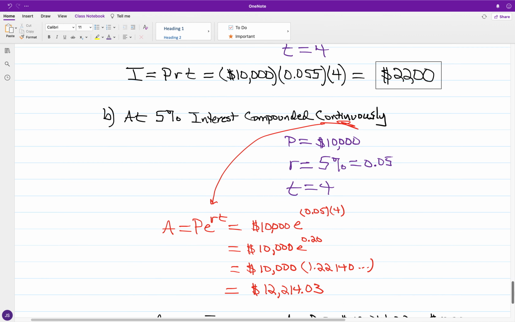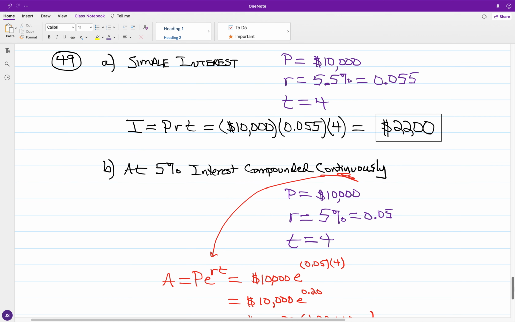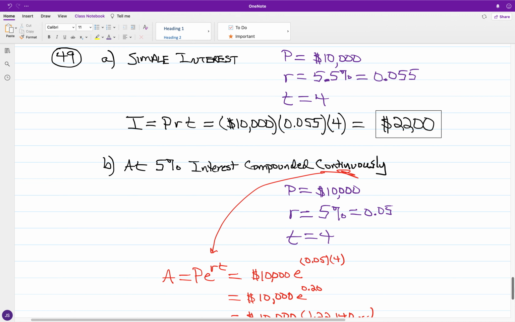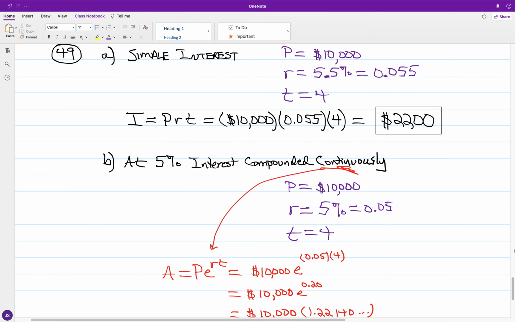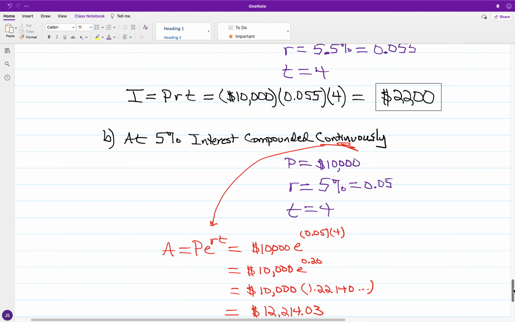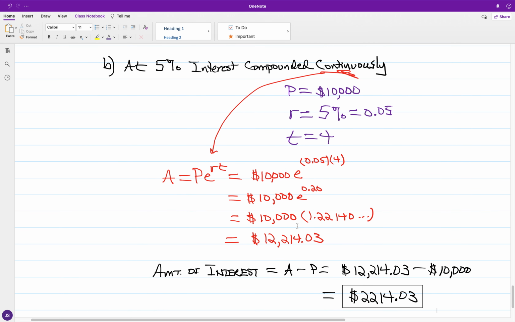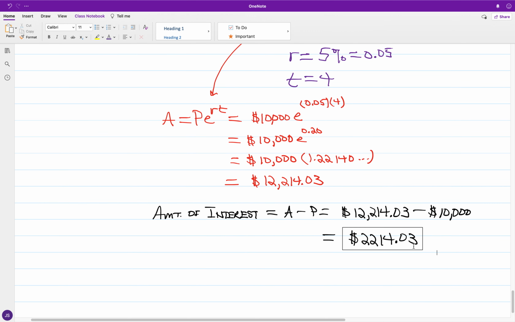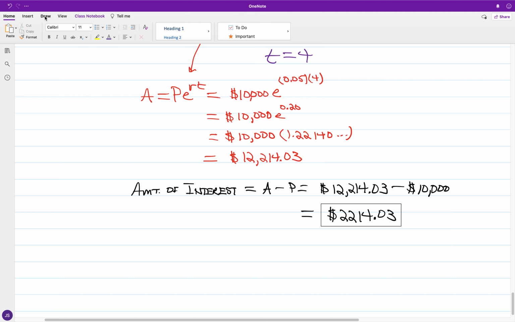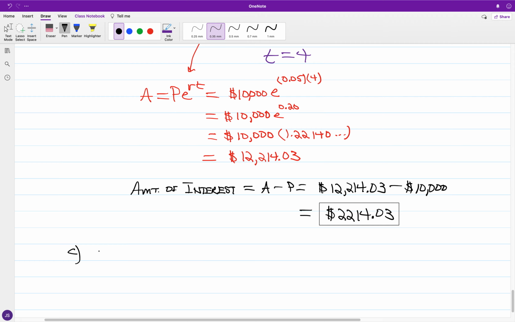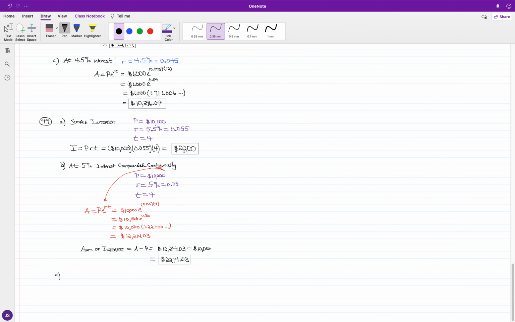So looking at the arrangements here, now the simple interest, the amount of interest was at $2,200. So if somebody borrowed with this deal, after the 4 years, that person would owe $12,200. Whereas in the case of the other situation, that person would owe $12,214.03, which is $14.03 more than the simple interest deal. And so in terms of comparing the numbers, we got 2,200 lined up against 2,214.03.